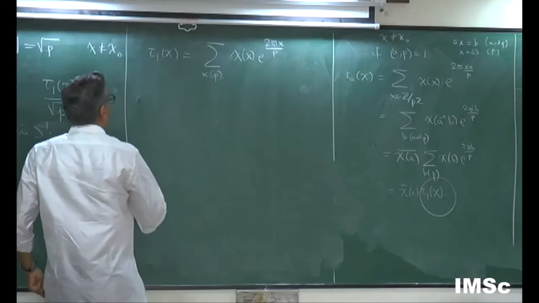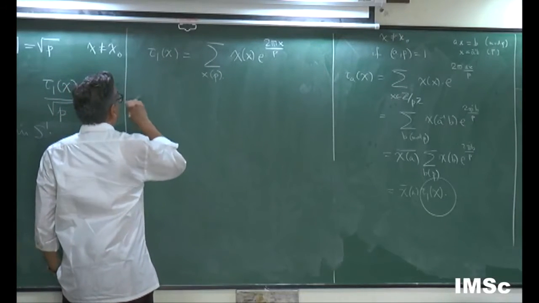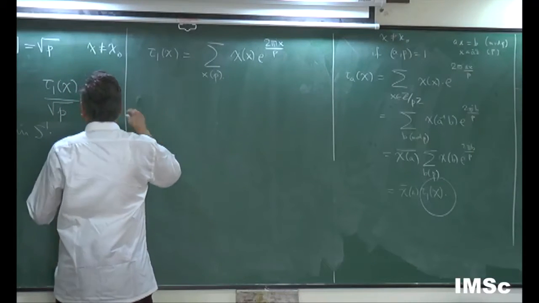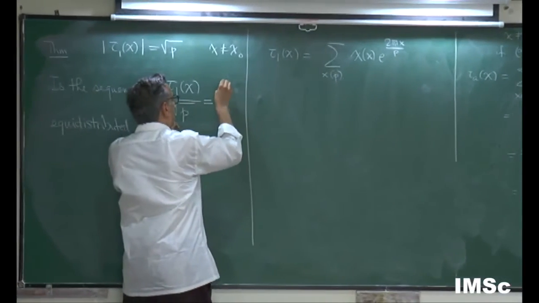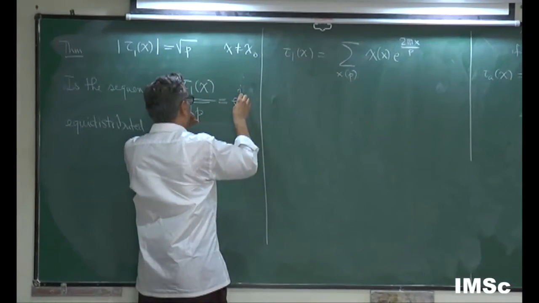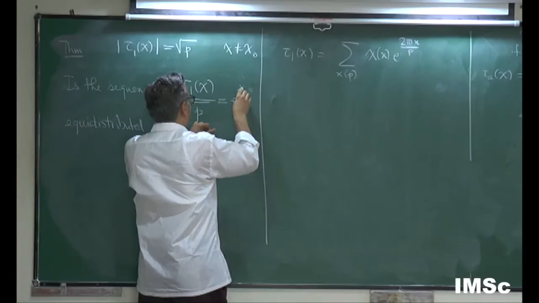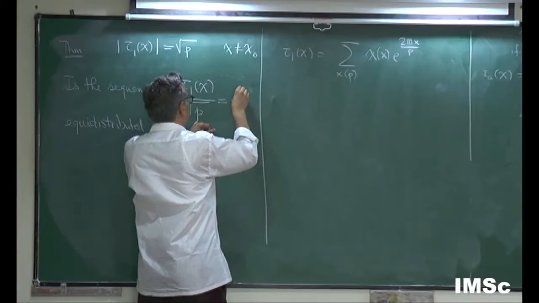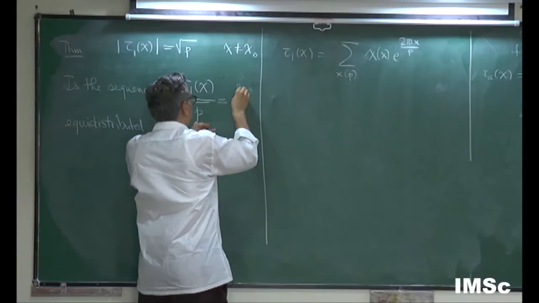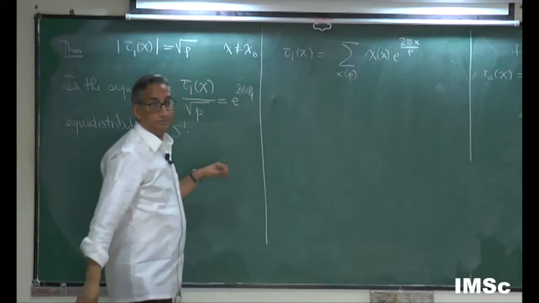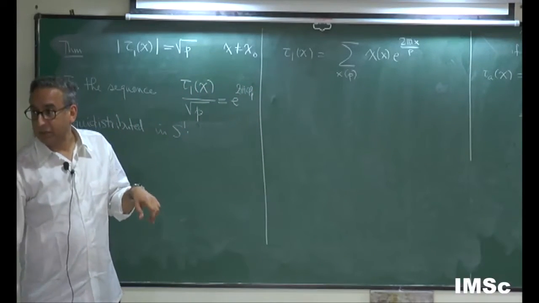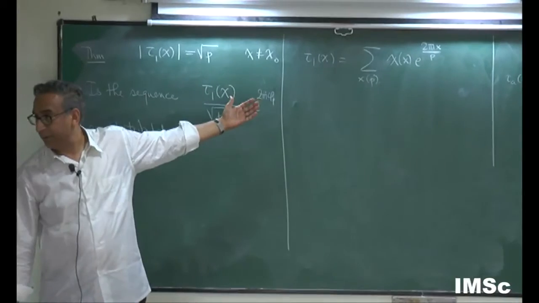And if I'm interested in, so let's look at this guy and write it as e to the i phi p for some angle phi p. So I'd like to know whether this is equidistributed or not.